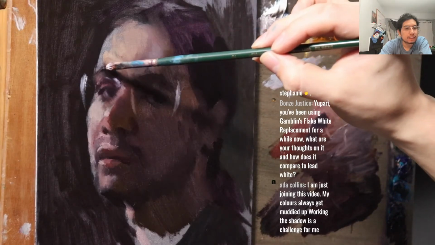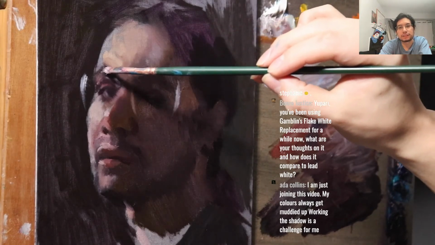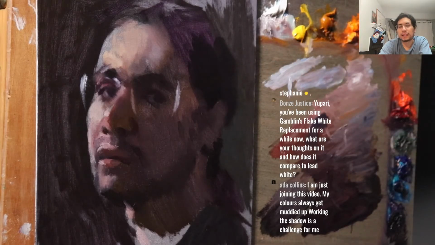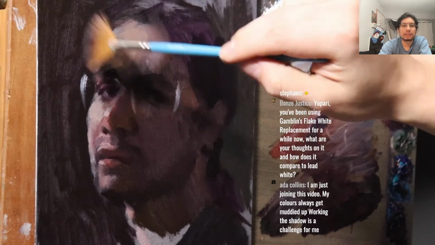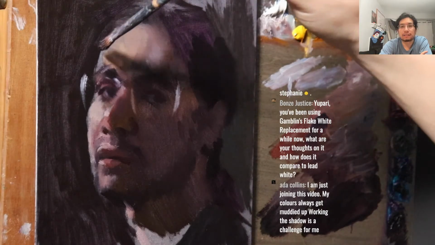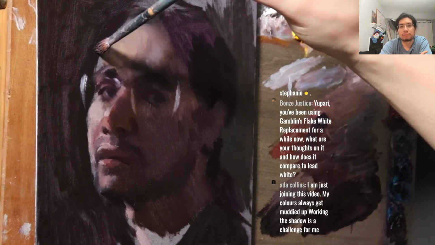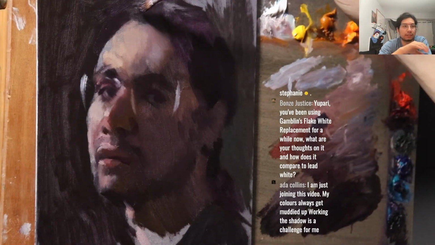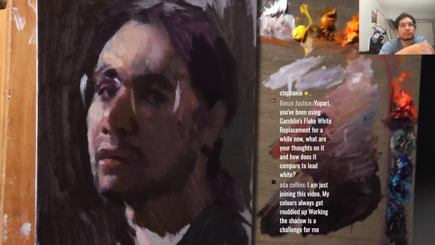So from Bonds, I've been using flake white replacement for a while now. What's your thought on it, and how does it compare to lead white? Good question. First, Gamblin flake white replacement is better to use, in my opinion, than titanium white alone, especially for portraiture. It handles similar but not exact to lead white in that it doesn't raise the value too much, so it allows your colors to have a little more depth than just using titanium white, which tends to be too light too quickly.